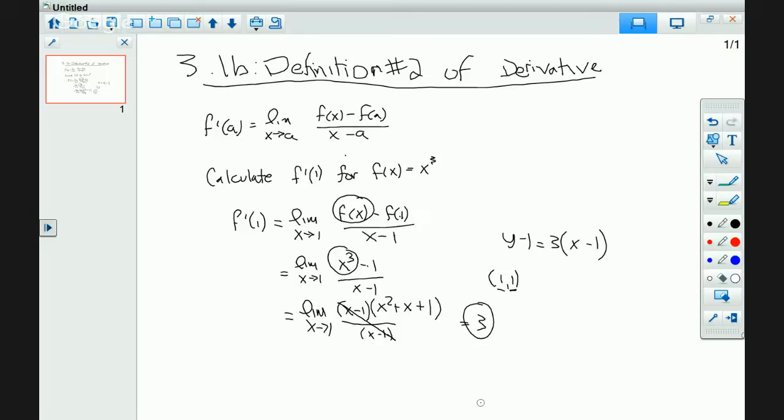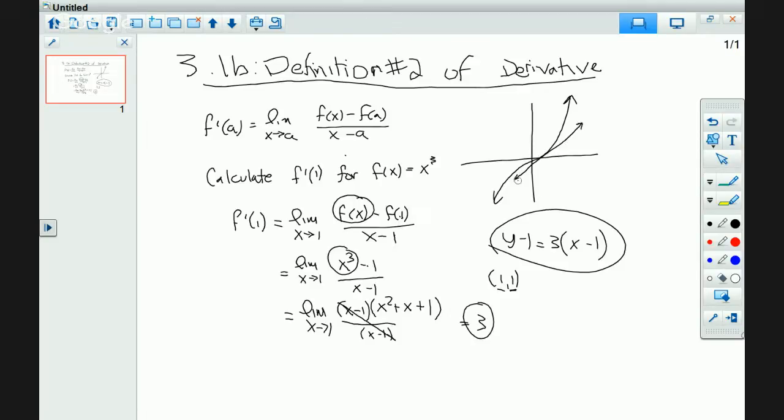If you want, you can plug in 0 and get 0. Whatever. But that's the point that's given. Usually that's what we're going to use on a multiple choice problem, or the formal answer. So there's the equation of that tangent line. Remember your parent functions, x cubed looks like this. So our tangent line is somewhere in this neighborhood. Okay. Good.